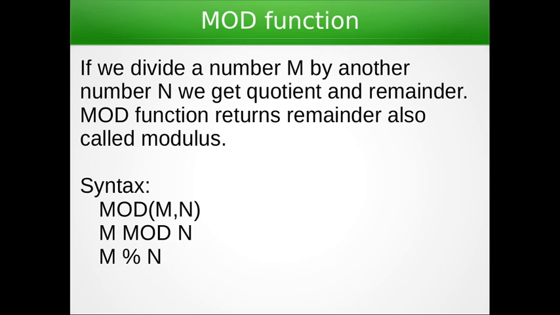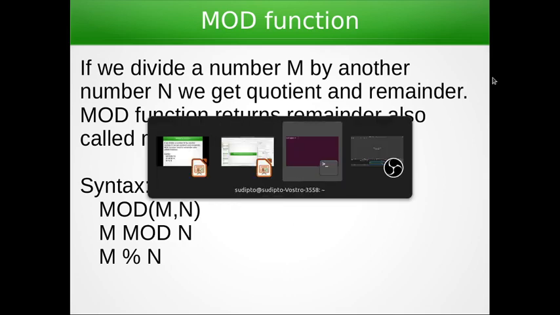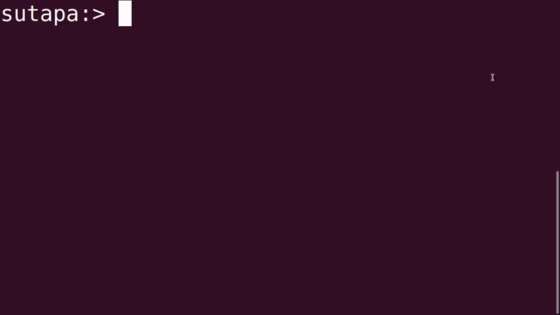Now let's see the execution of mod function. First, we want MySQL prompt. For that, type mysql space -u for username space Sophia, we take as username, space -p for password.